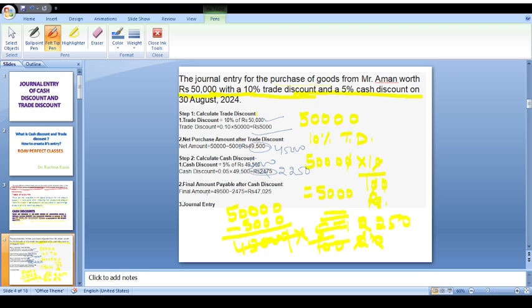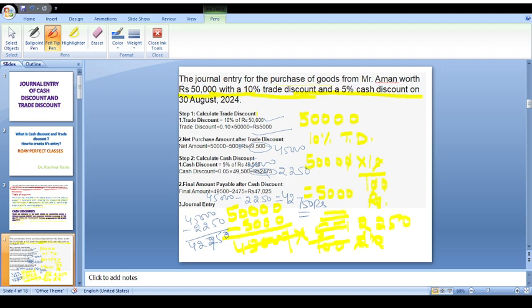After subtracting, 45,000 minus 2,250 equals 42,750, that is the final amount.